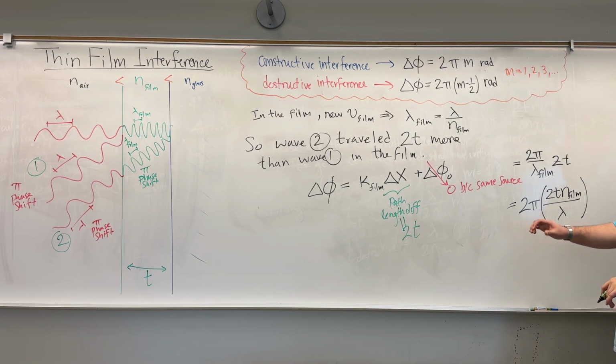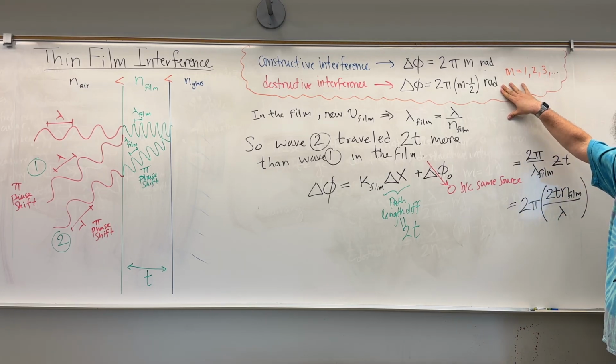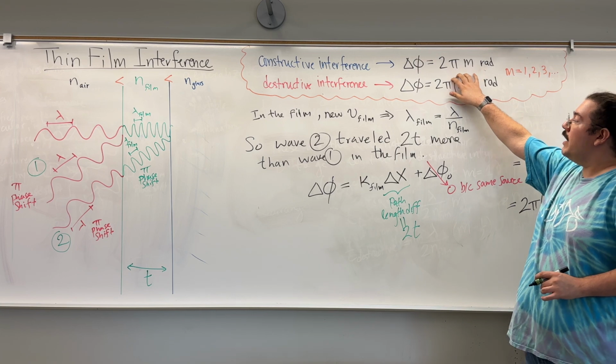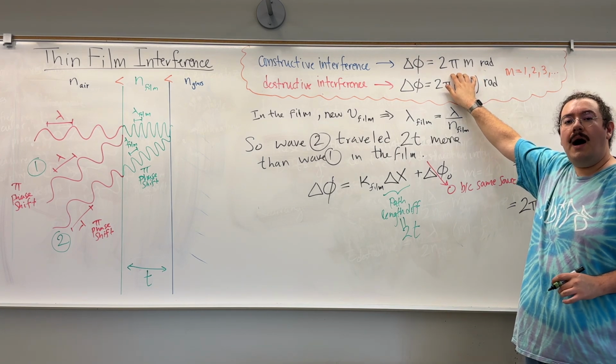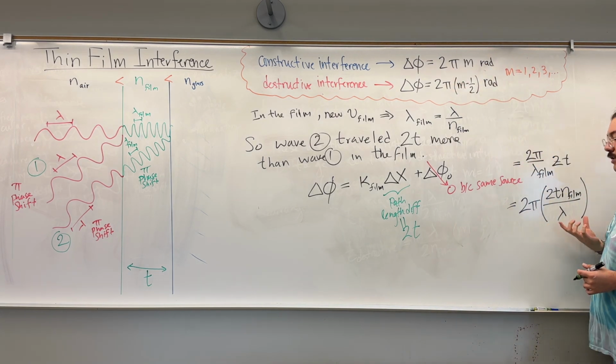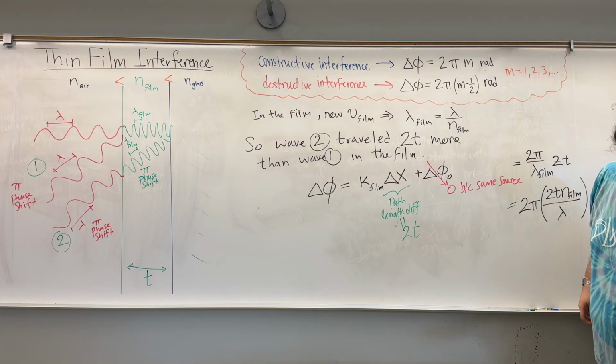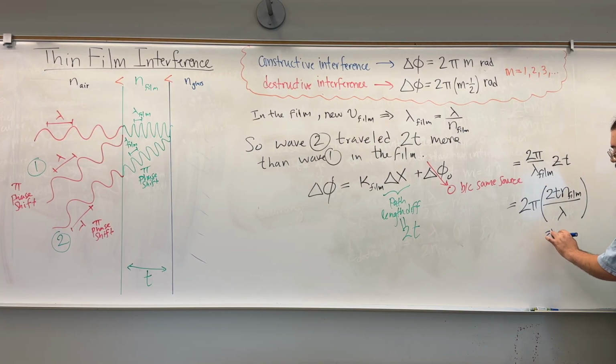So what do we have now? We have 2 pi times some number. In constructive interference, we require it to be 2 pi times an integer. So we're going to say that this number has to be some integer for constructive.